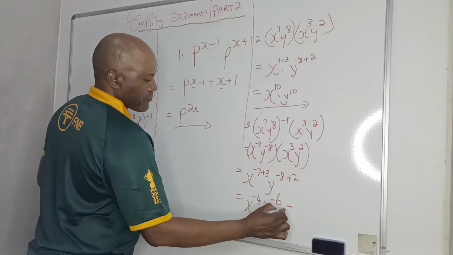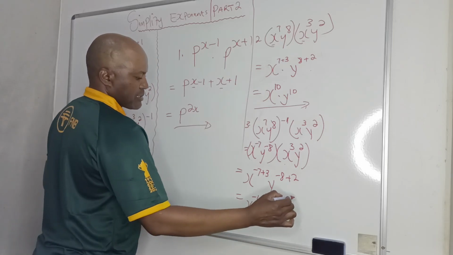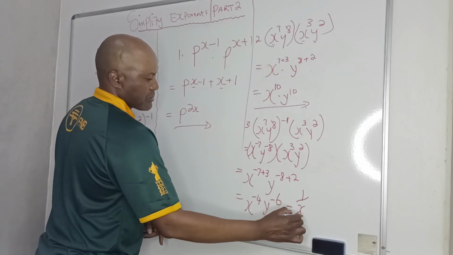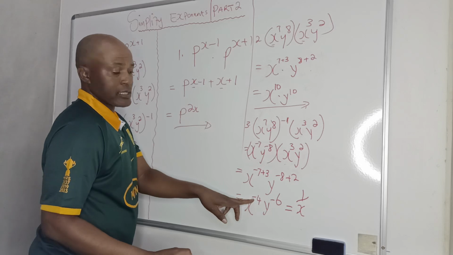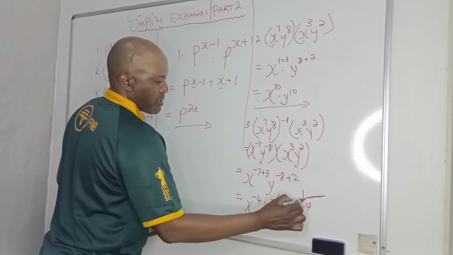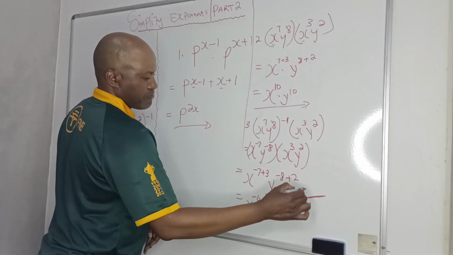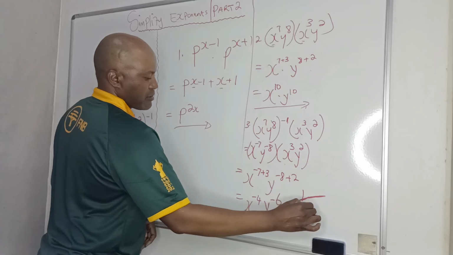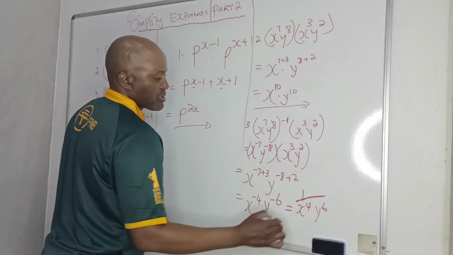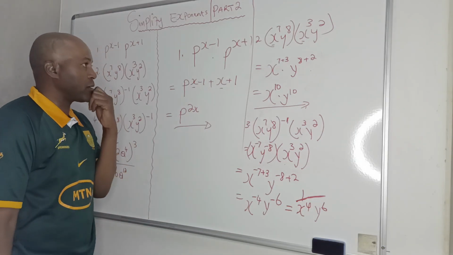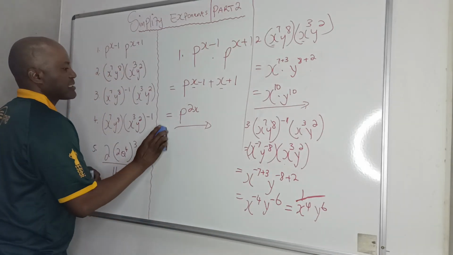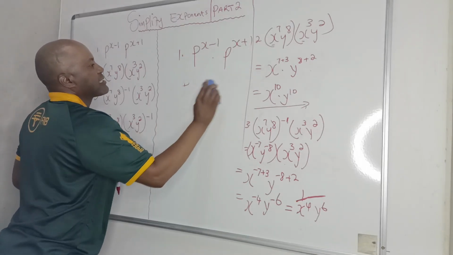So you can also write this as 1 over x, where the negative turns to positive, and it's 1 over y as well, where the negative turns positive, that's why it's raised to 6. I hope everyone gets it.